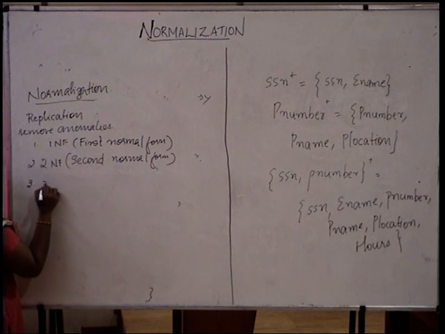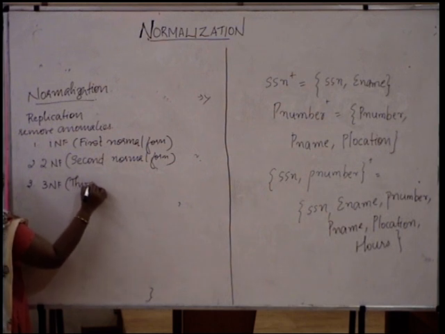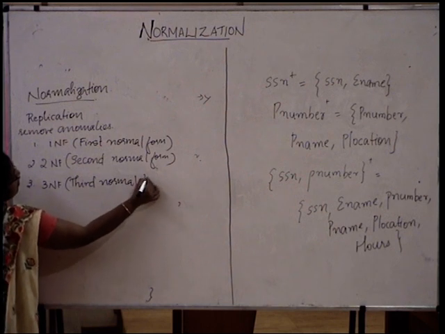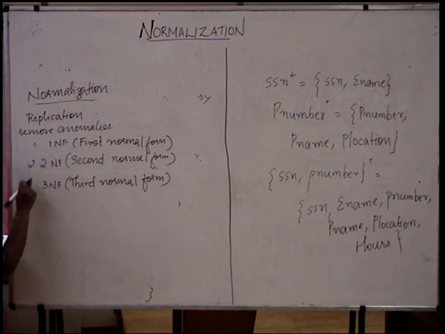Third one is 3NF, third normal form. We have other normal forms beyond this, but now I am discussing only first normal form, second normal form and third normal form.